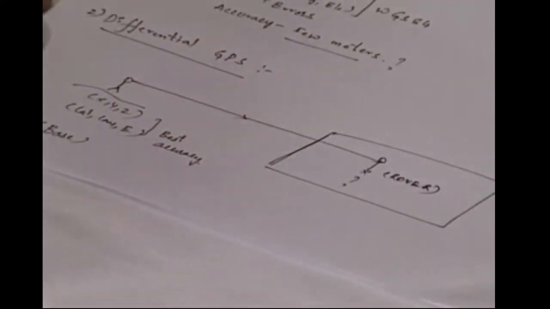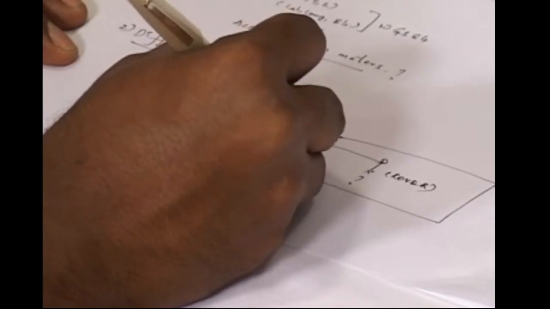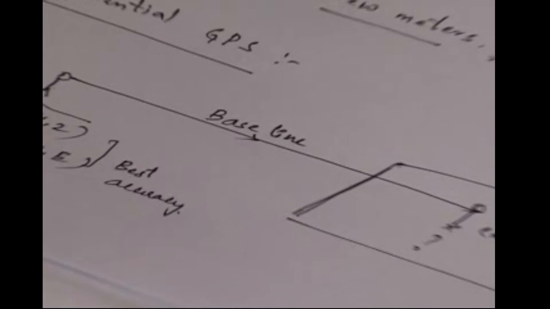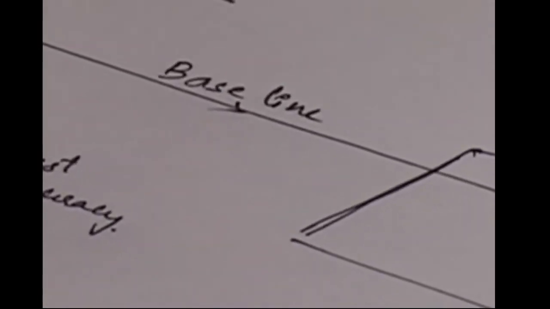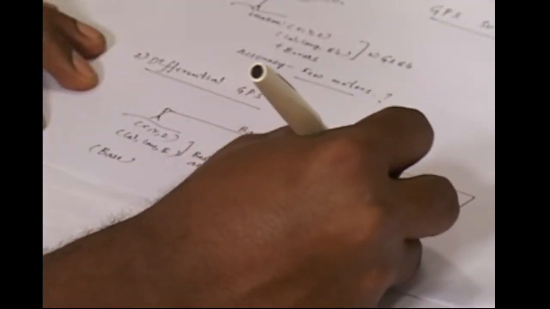Okay, and the vectorial line joining this base and rover is called the baseline. Okay, so now our aim is to know this location to the best accuracies. Okay, so let me redraw this figure.